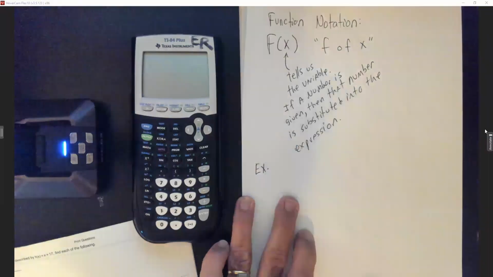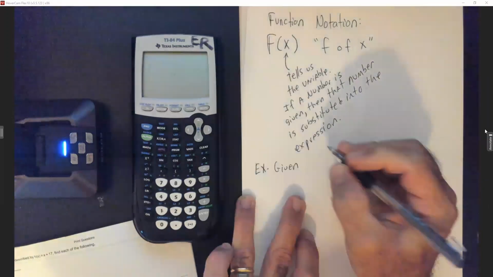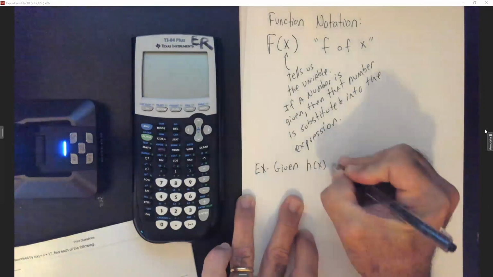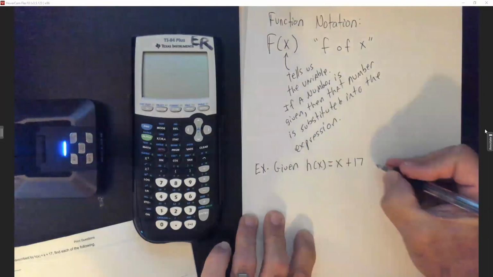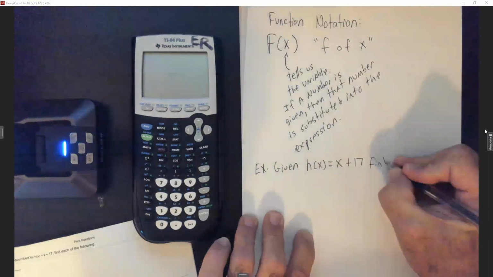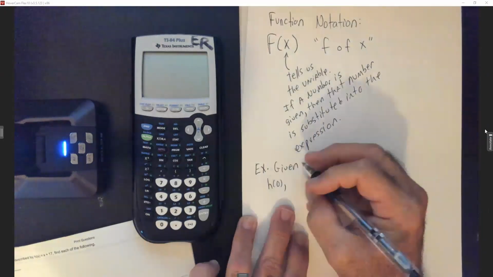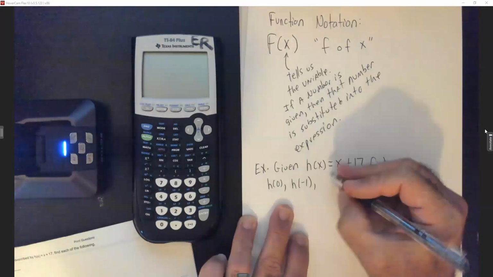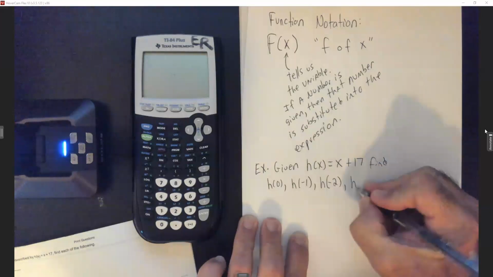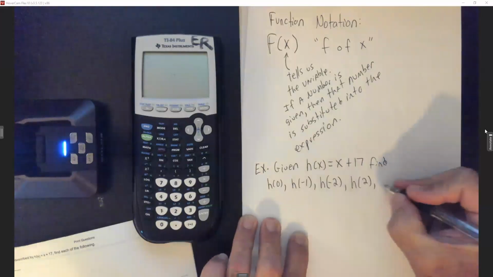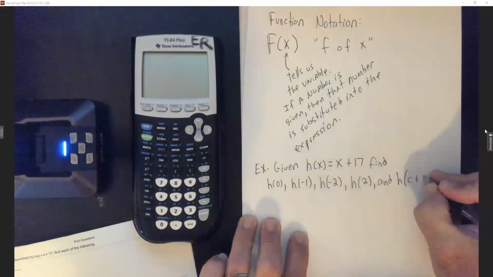So y'all watch this. We're going to be given a function, h of x equals x plus 17. We're going to find h of 0, h of -1, h of -2, h of 2, and h of c plus 5.